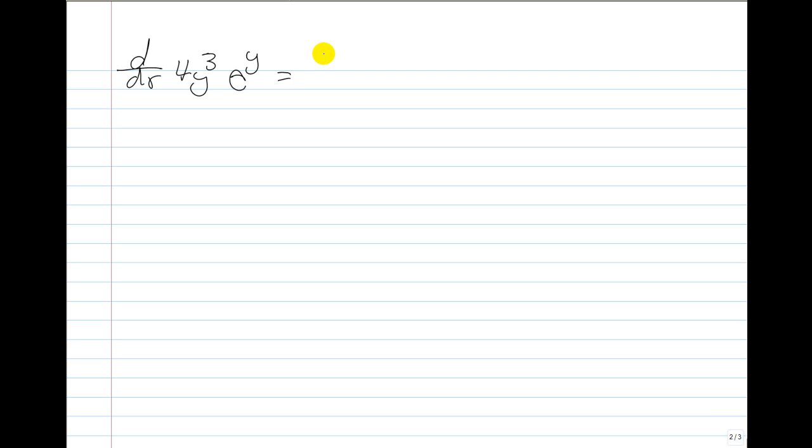Here we're going to follow the same procedure. The first function times the derivative of our second function plus our second function times the derivative of our first function.